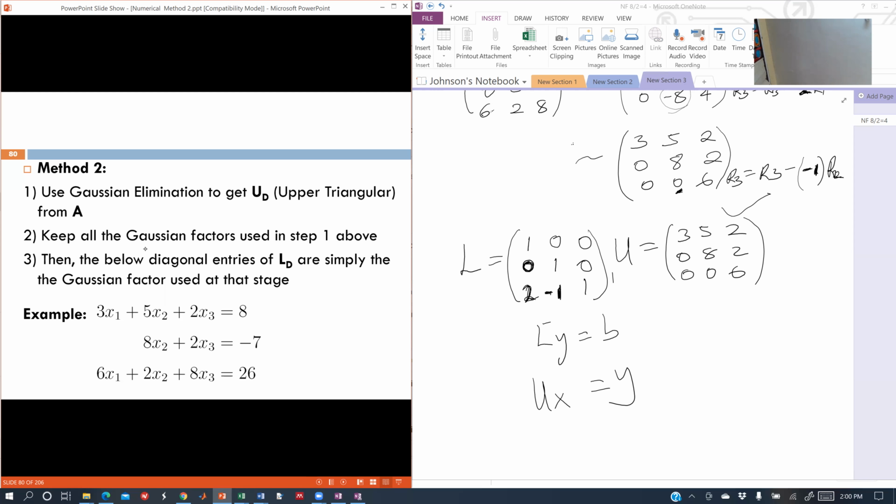And that is how we are going to get our lower triangular and upper triangular. So the rest of the steps follow the previous approach of finding L and U, as we discussed earlier.